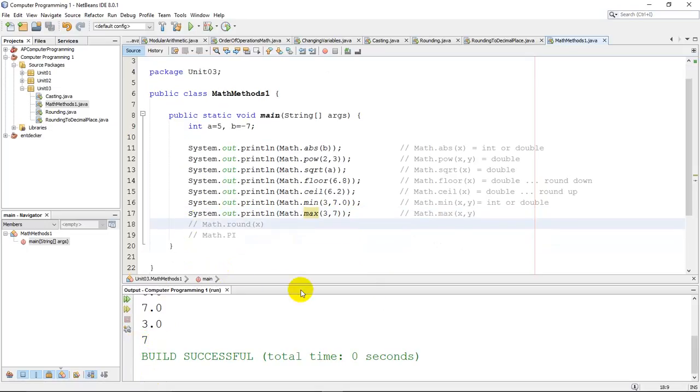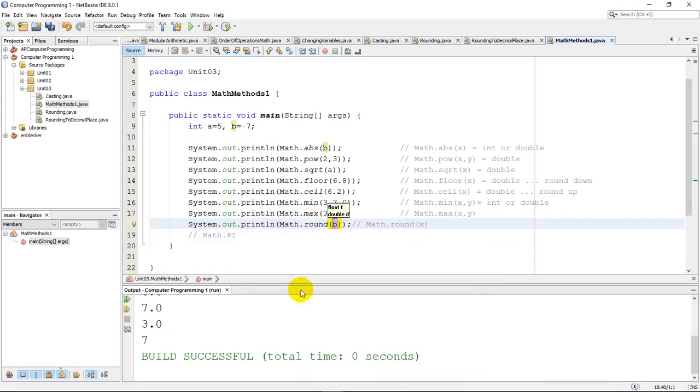Math.round is going to do exactly what it says it's going to do. It's going to round the numbers for us. Now, math.round will only return an integer. So if I go math.round, it's going to round whatever number I give it.